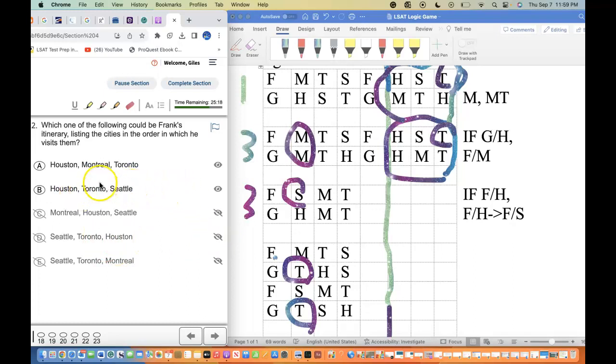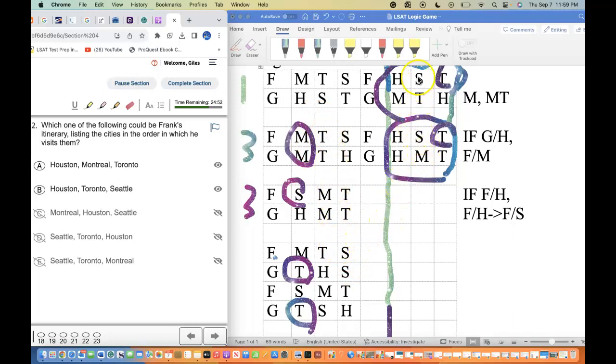Here we go. That's okay. And that's okay. Now, for HTS, I don't really see the HTS. Let's see for HMT. Let's see if we can see it.